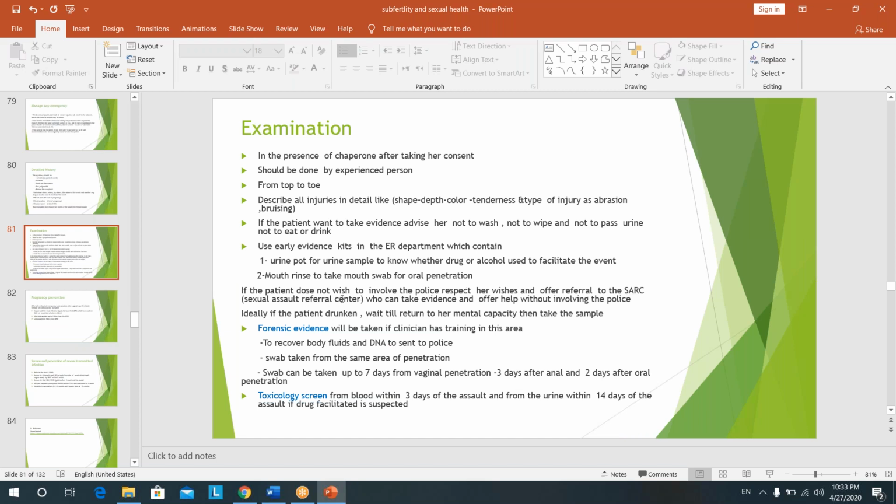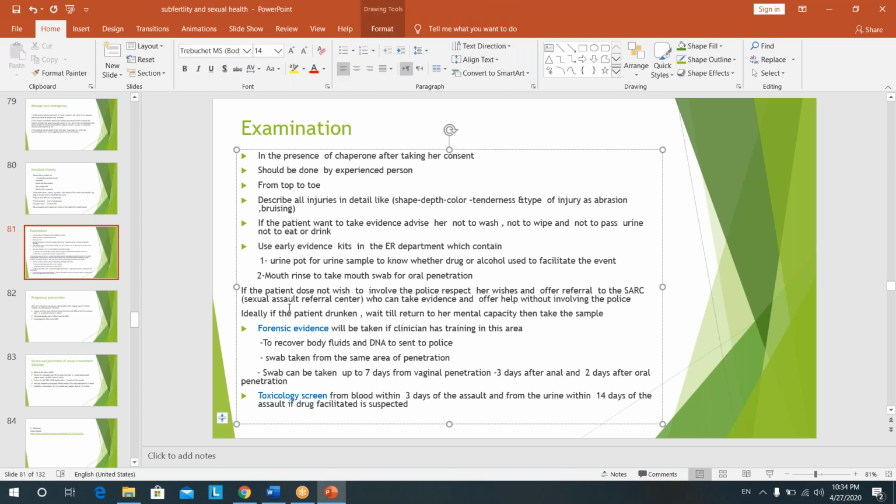This is an agency like social services that can take forensic evidence without informing the police. It can offer support for the patient after that, psychological support and like that, and they may offer accommodation if the patient doesn't have any safe accommodation. So the SARC can offer this for the patient.